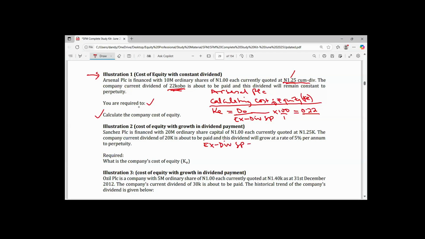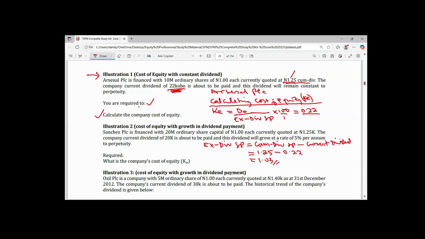XDIV share price is equal to cum div share price minus current dividend, which is equal to 1.25 minus the current dividend. Current dividend is 22 kobo, 0.22. Therefore, my XDIV share price is 1.03.